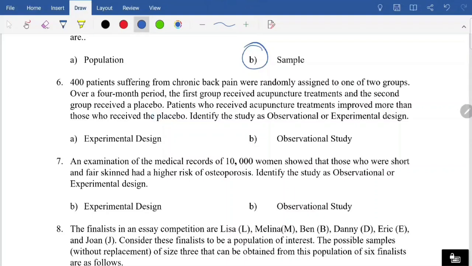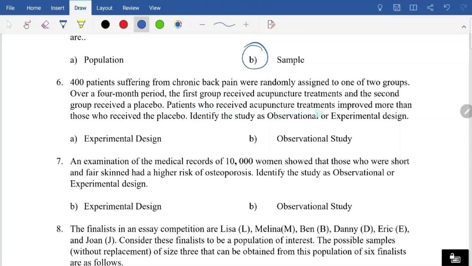Placebo means that they received a pretend treatment, so to speak. They did not get the real, actual treatment, but they were given something which appeared to everyone to be a treatment, but it was actually no treatment.